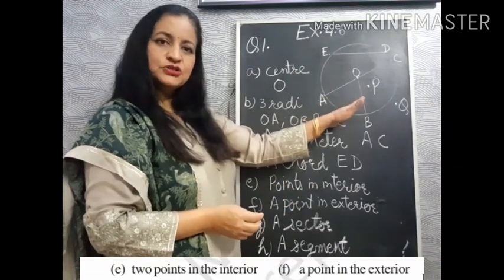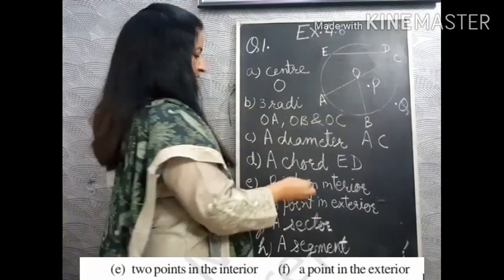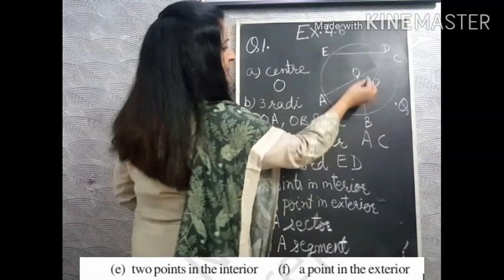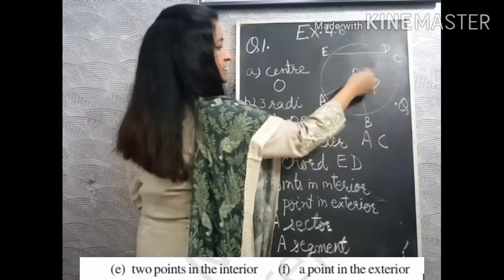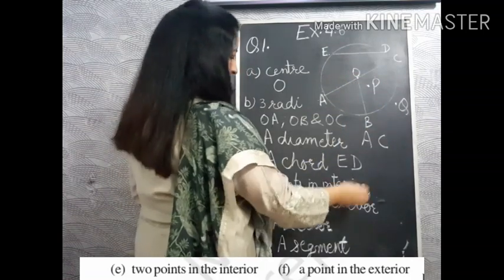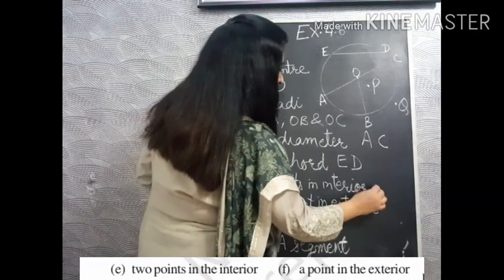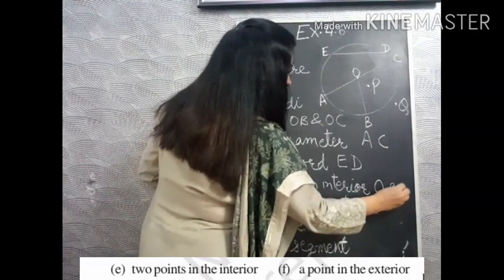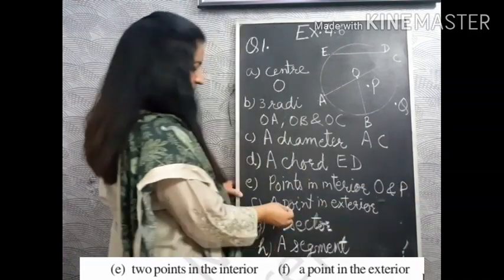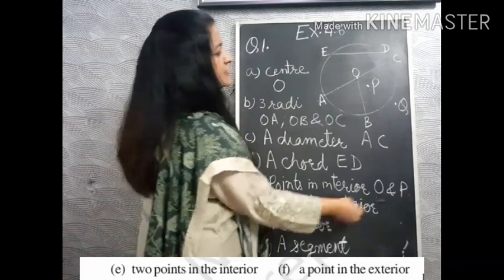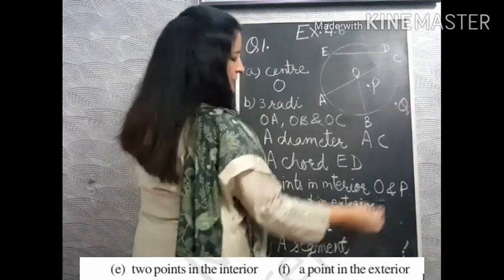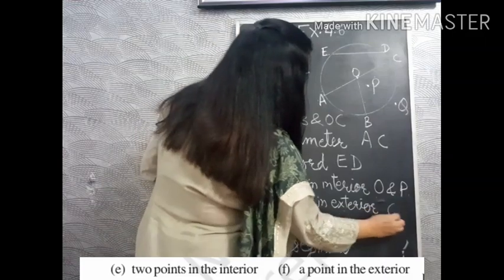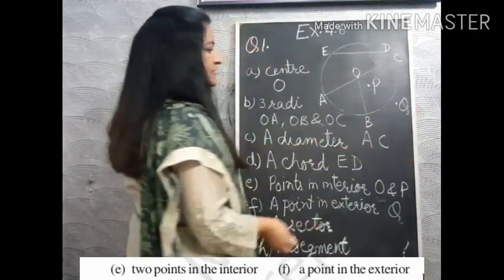The points inside the circle, they are points in interior. So you can see point O is interior and point P is also in interior. O and P. Next, a point in exterior. So look here, point Q is exterior of the circle.